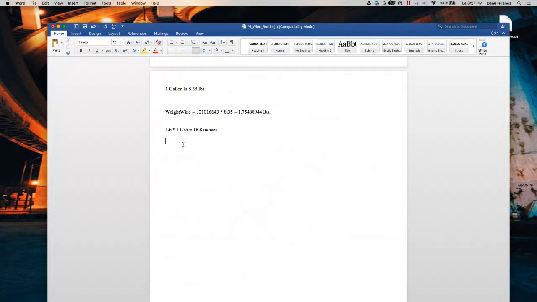We want pounds, with 16 ounces per pound, so 18.8 divided by 16 is going to be 1.175 pounds. And this is the bottle weight.